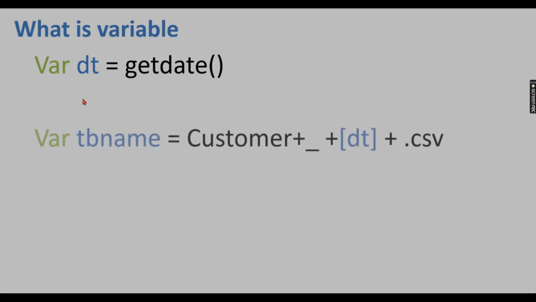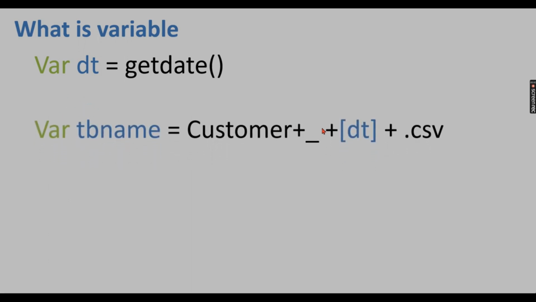In our case, we have another variable that stores the table name, or the new target table name, or new target file name, consider it like that. And this variable uses the first variable, that is dt. You can see here, you can even write the get date directly. I'm just trying to explain how you can reference other variables.